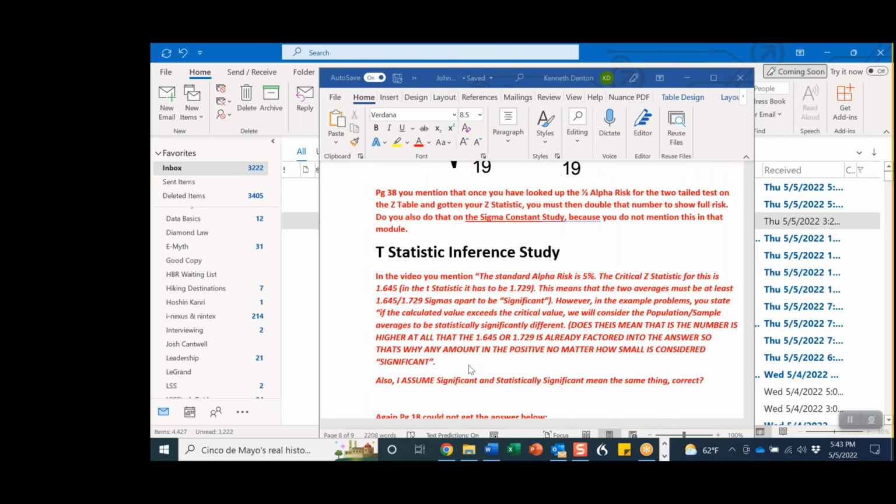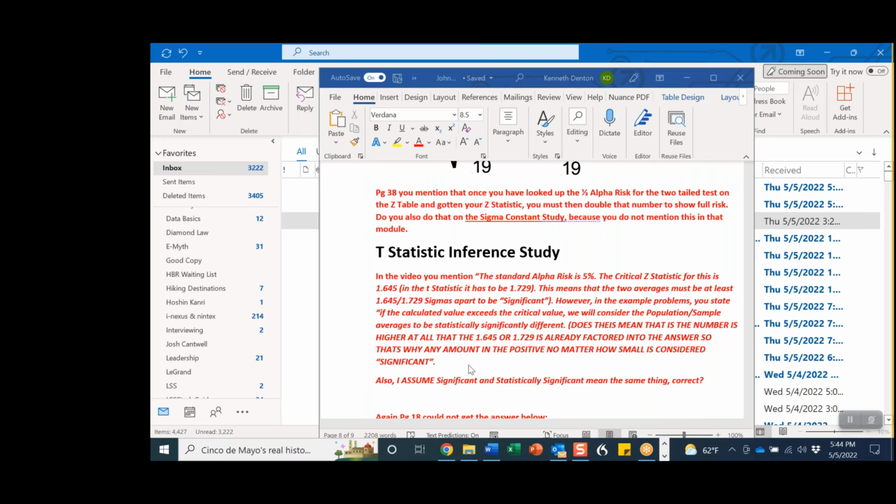Now I get that part, but where I'm getting confused is how much more is it apart? I thought that the critical and the statistical had to be 1.645. Let's just take the Z statistic of 1.645. Like you said, if the calculated is higher by any number than the critical, then you're good.